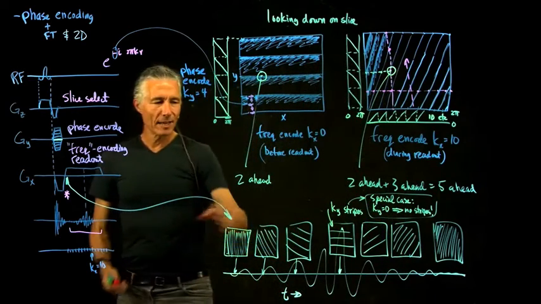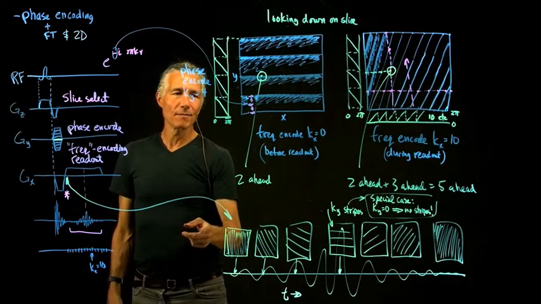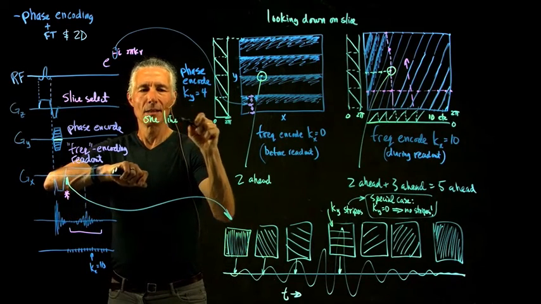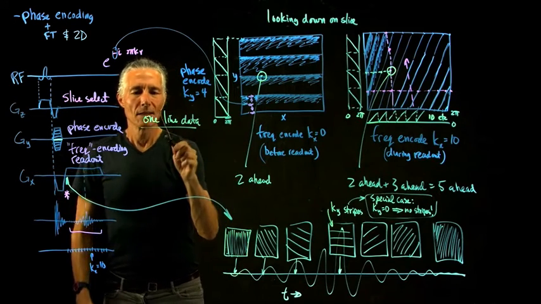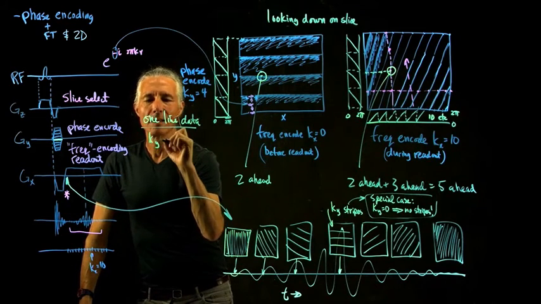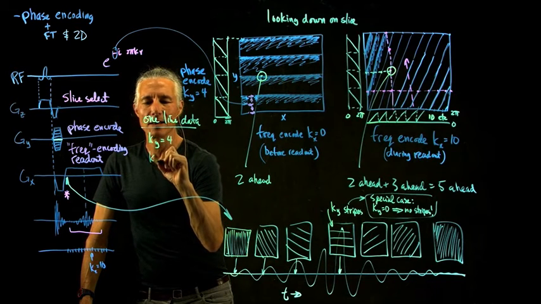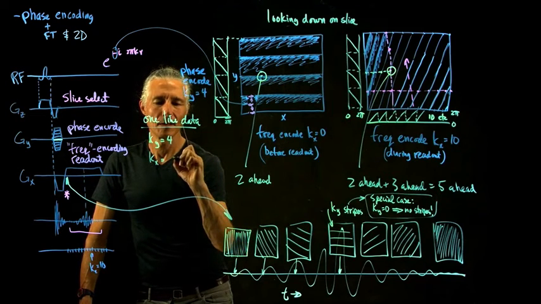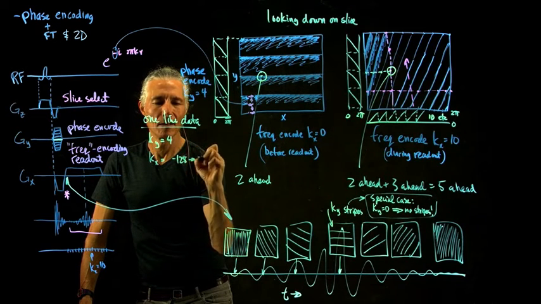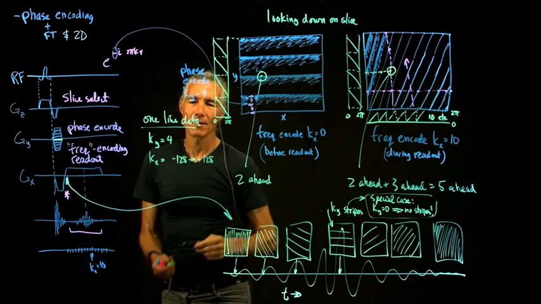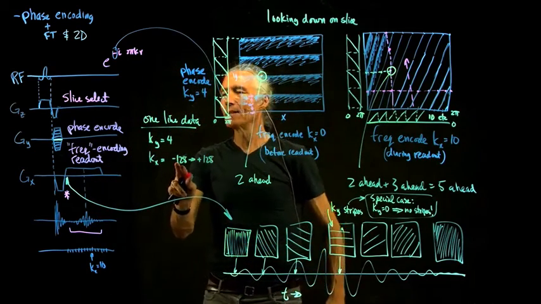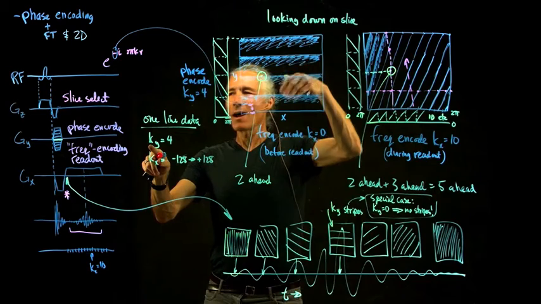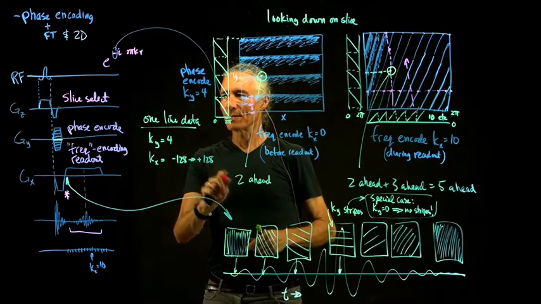So that was one line of data, for KY equals 4 and KX equals minus 128 to plus 128. So that would be 256 data points. They all had spatial frequency y equals 4, and then they had all these different spatial frequencies for x.